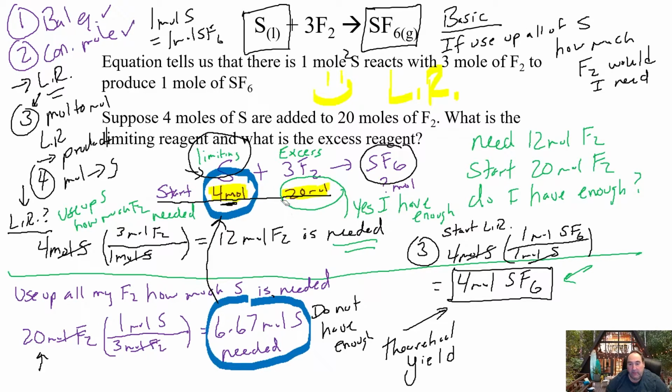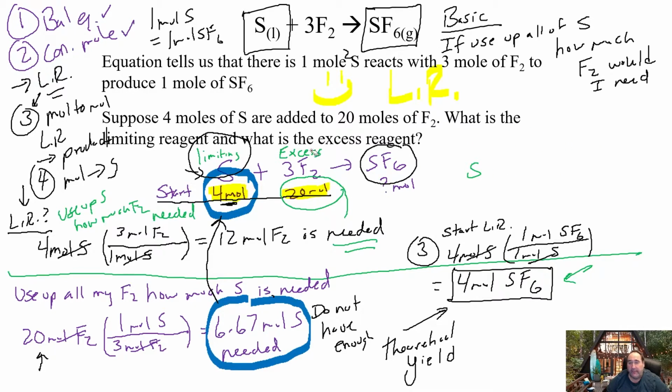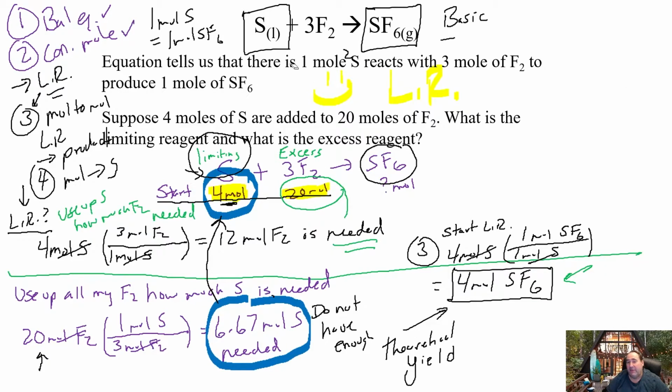What I'm going to do, I think, is erase some of this so I've got somewhere to write. So let's just say, in addition to the original problem of figuring out how much product we're producing, we did want to answer the question of how much of that excess reagent would be left over in this particular case. So if we go back to our first method that I showed you, we can answer that question pretty quickly.